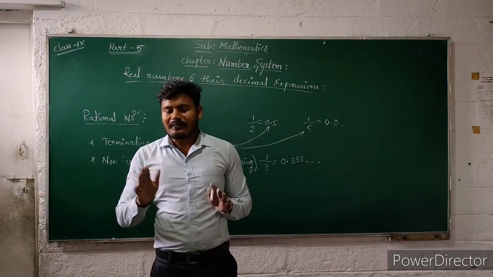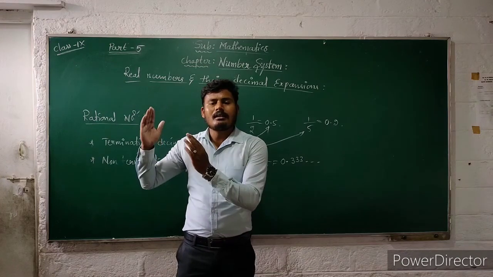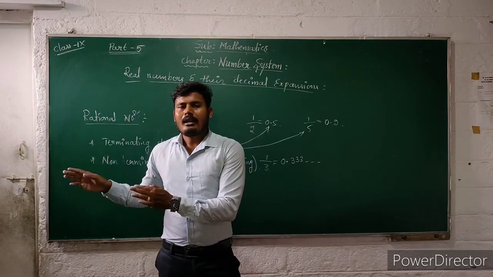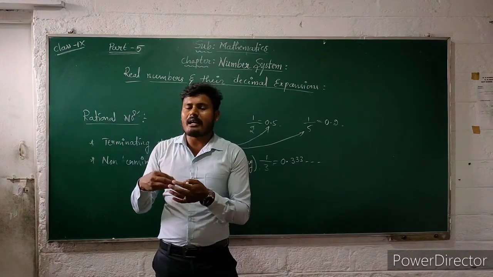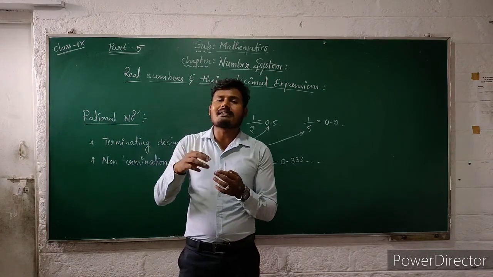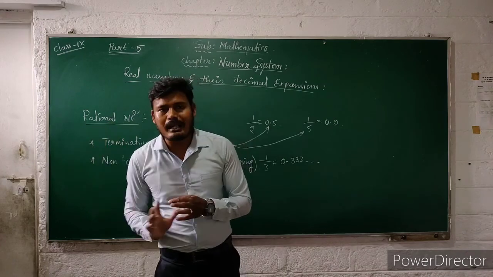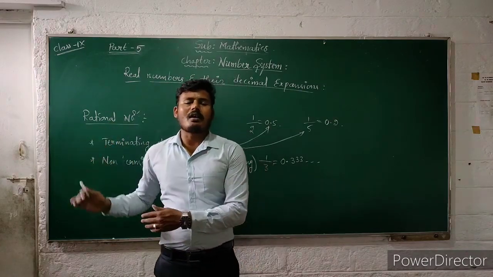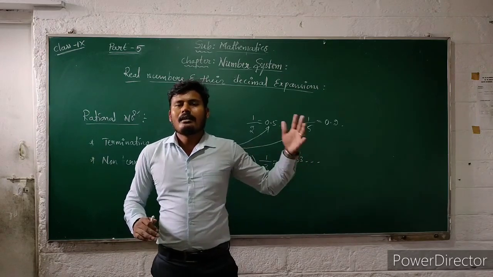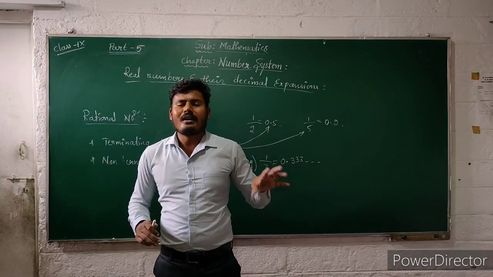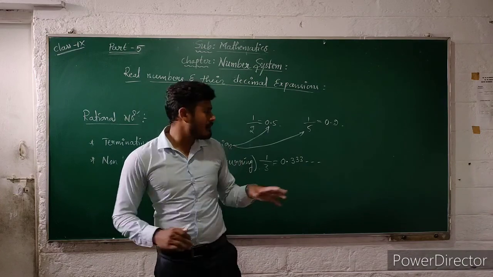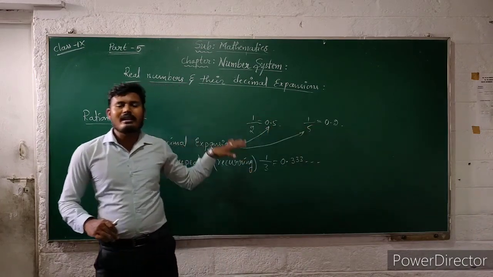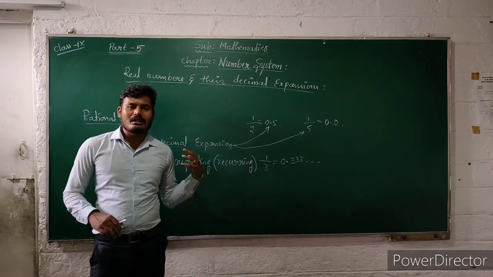If the division process doesn't end at any stage and the numbers after the decimal point repeat simultaneously, those are considered decimal expansions of rational numbers. Here are some examples. You already know about these examples, a variety of examples belonging to rational numbers.